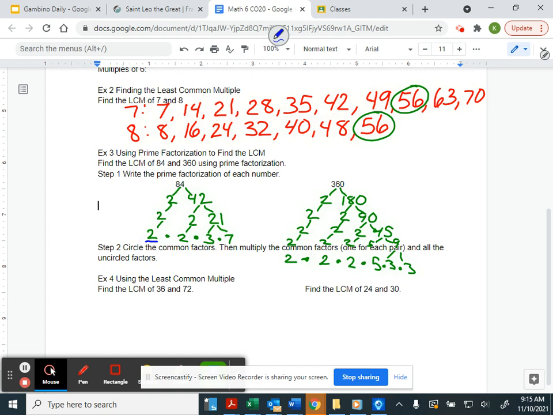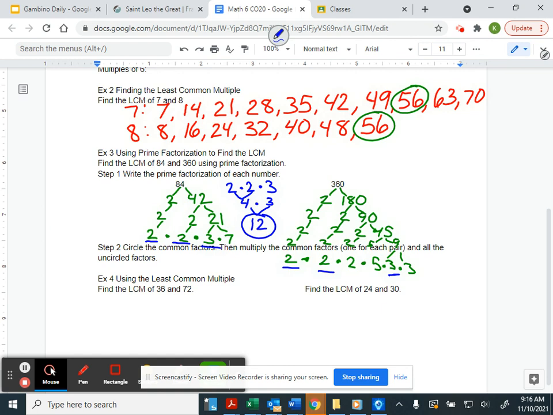So we have a 2 here and a 2 here. A 2 here and a 2 here. A 3 and a 3. So we have 2 times 3 in common. So now if I multiply them, I can find the least common multiple. 2 times 2 is 4. 4 times 3 is 12.